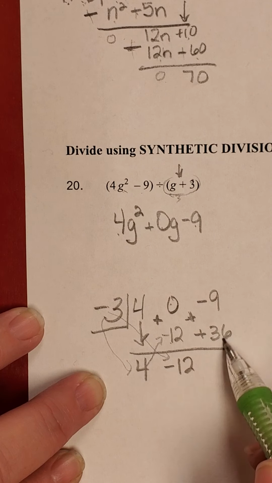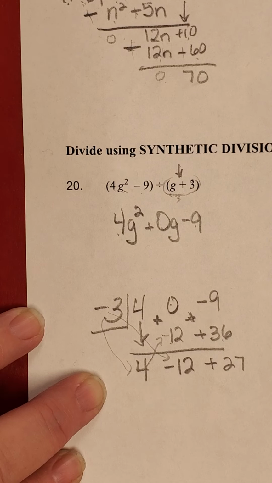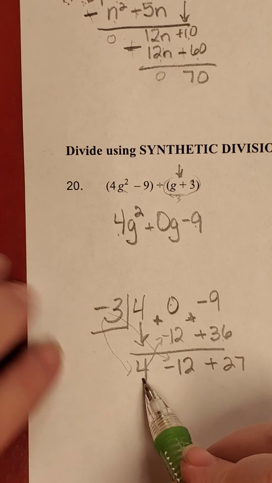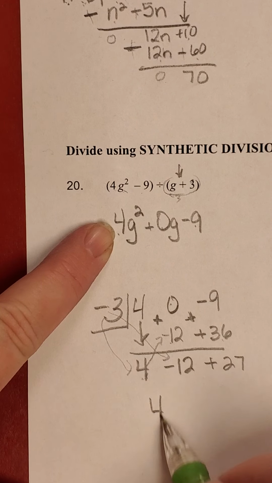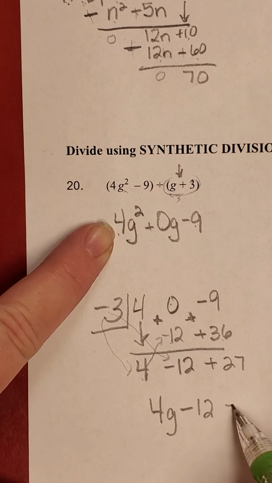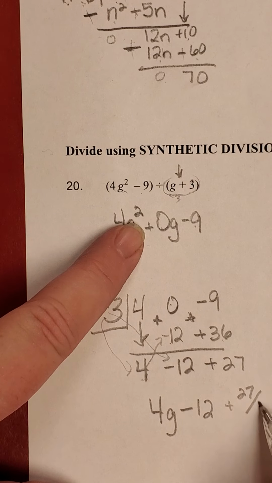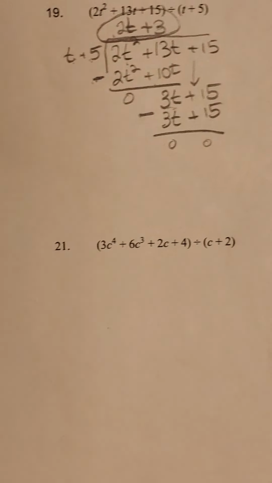So when we add 36 and a negative 9, we get a positive 27 left over. So if this up here was g squared, this is just going to be g. So it's 4g minus 12 and then plus 27 over g plus 3. Okay? Last one.